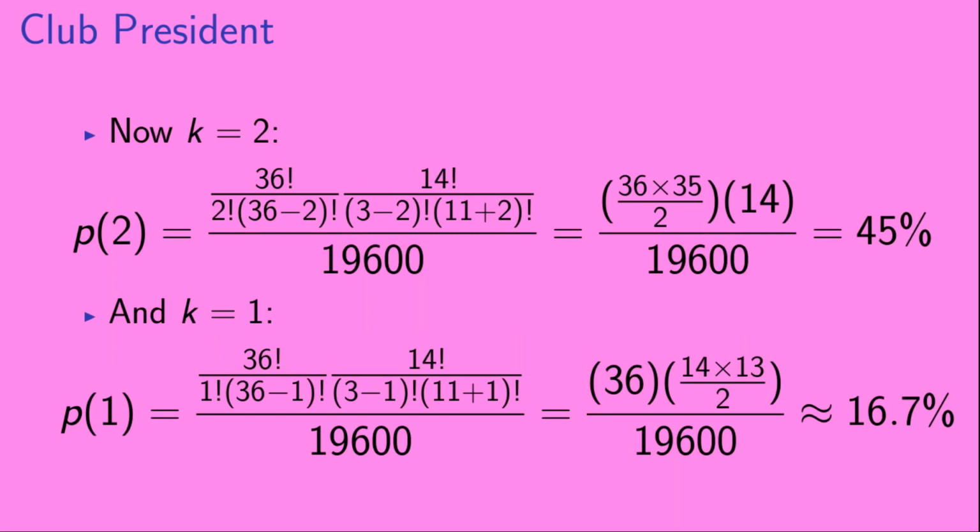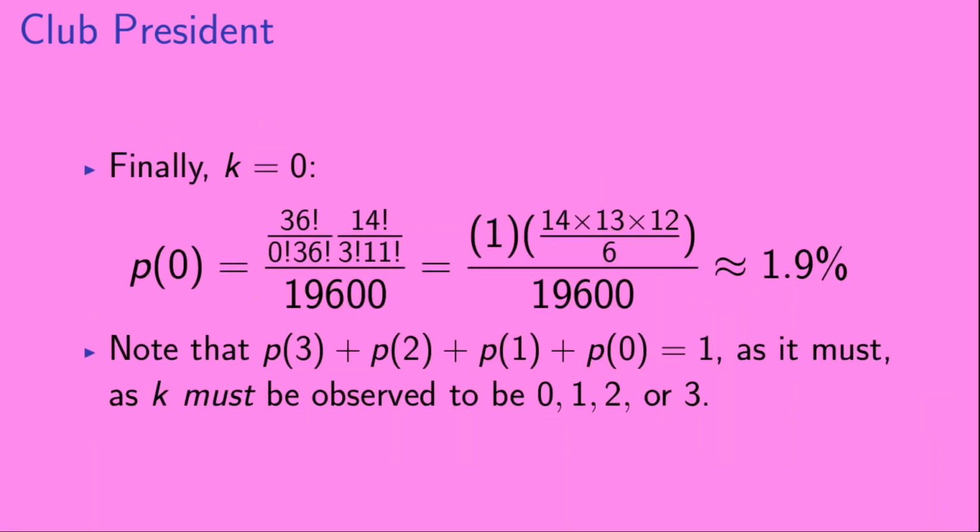Here, those 2 factors are instead 36 choose 2 and 14 choose 1, and we get 45%. For the case k equals 1, we get 16.7%. And finally, for k equals 0, we get approximately 1.9%. Now note that P of 3 plus P of 2 plus P of 1 plus P of 0 equals 1, which must be the case as k must be observed to be 0, 1, 2, or 3.